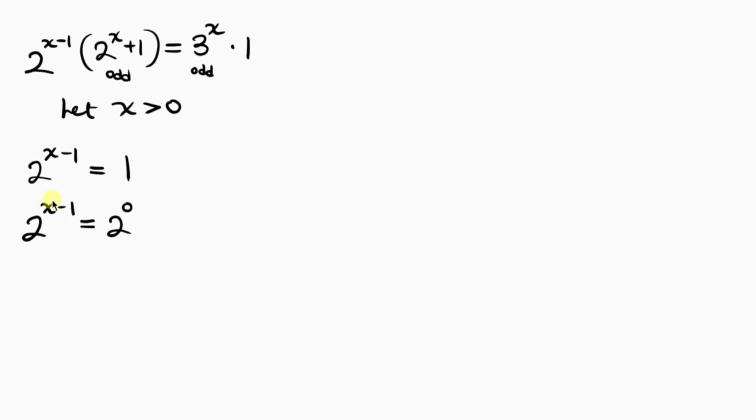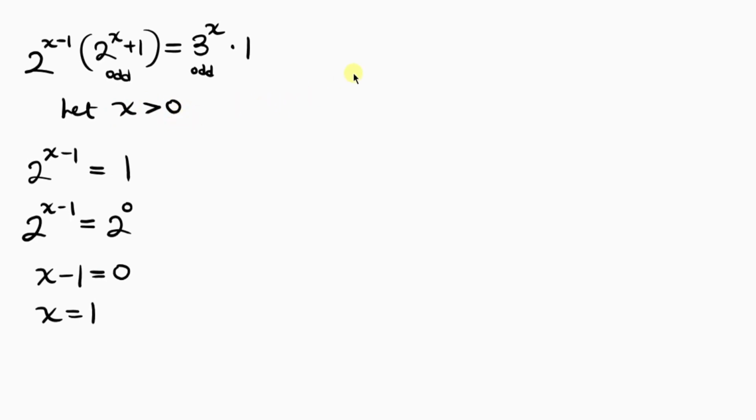So the power on the left is x minus 1 equal to the power on the right is 0. And when I collect like terms, x will be equal to, as negative 1 crosses to the right, it becomes 1. So the value of x is equal to 1. And that is the only solution for when x is positive.